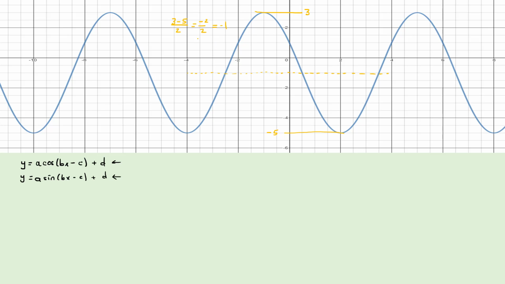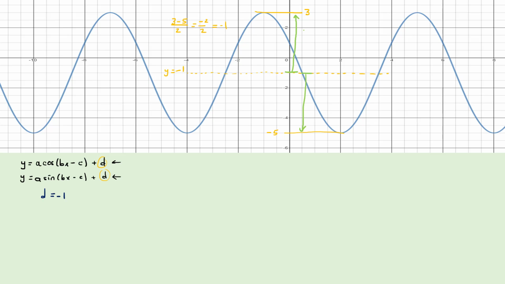So the midline is the line y equals negative 1, and that tells us d for either one of these. So d is equal to negative 1. Then the amplitude, a, is the distance between the midline and the top of the bump, or the midline and the bottom of the bump.